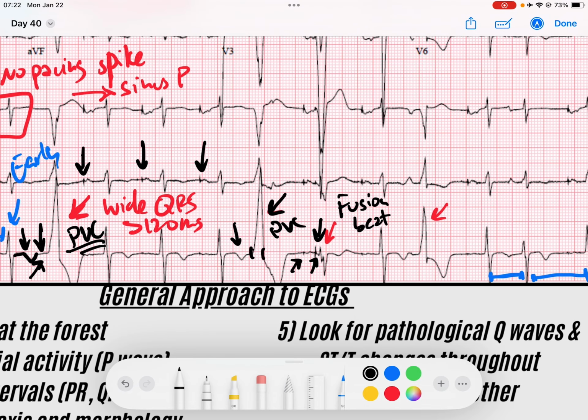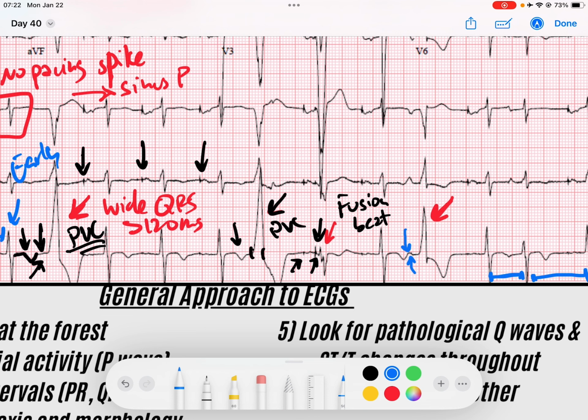And similarly, I would say that this funky beat that we marked with our red arrow here might be a fusion beat too, in the sense that if you look at our QRS, it is wide, but it's not as wide as our previous premature ventricular contractions. It almost looks like there's a little bit of a notch right at the end of that T wave that looks like it could be a P wave just peeking out.